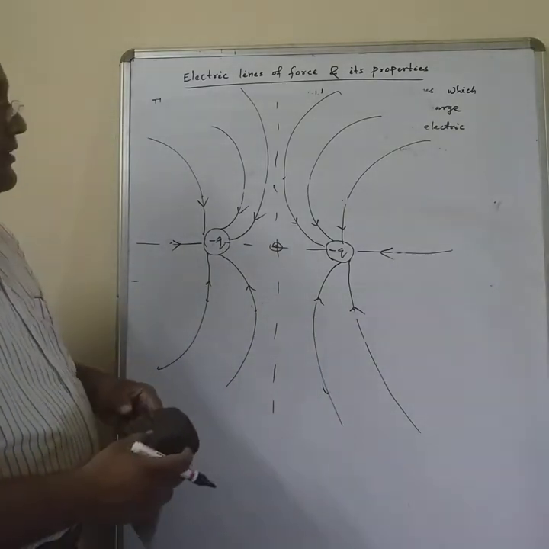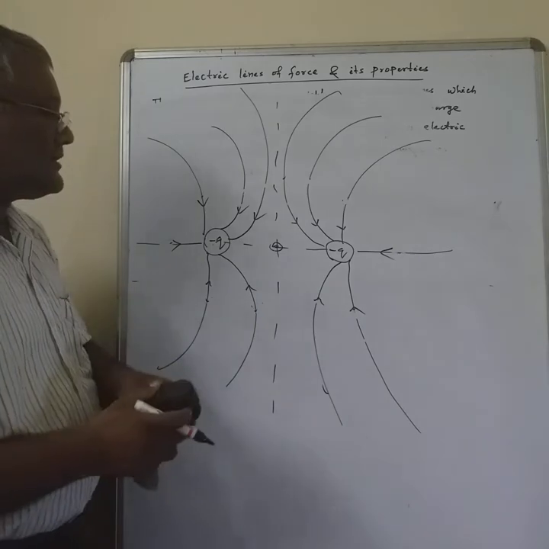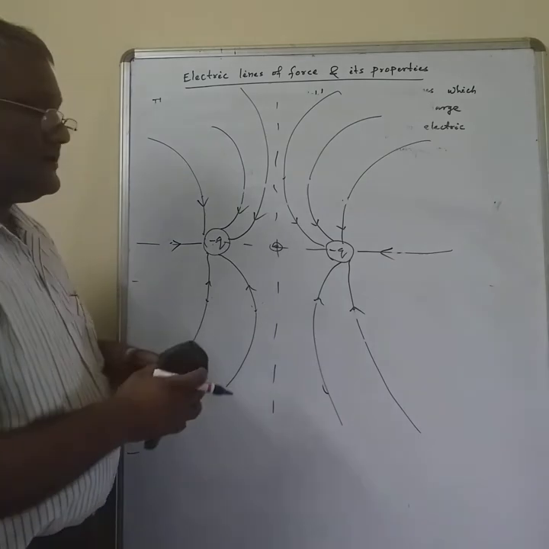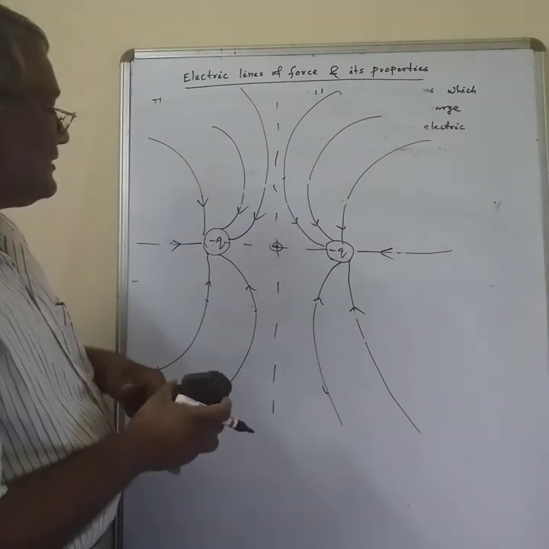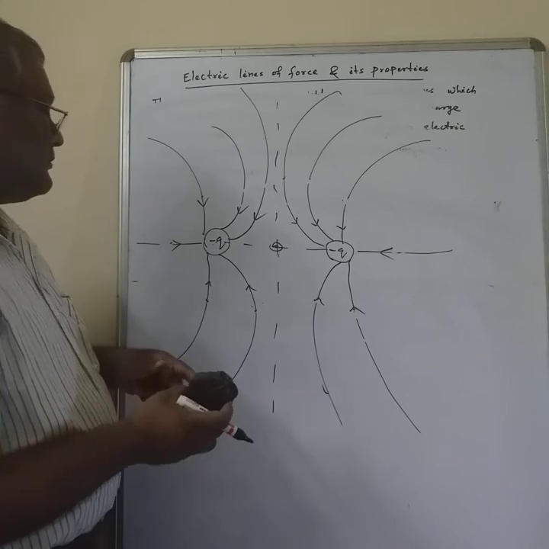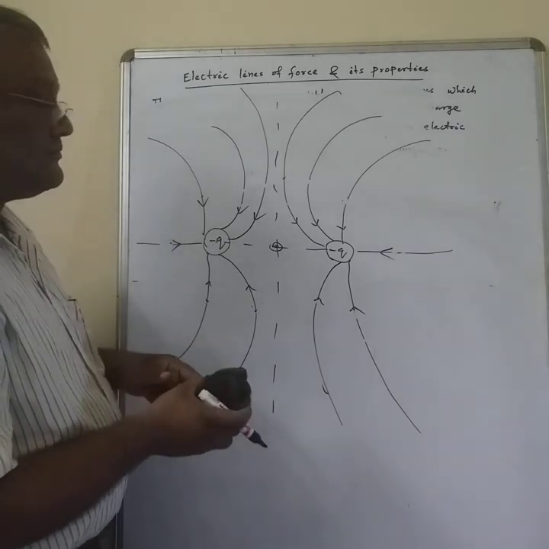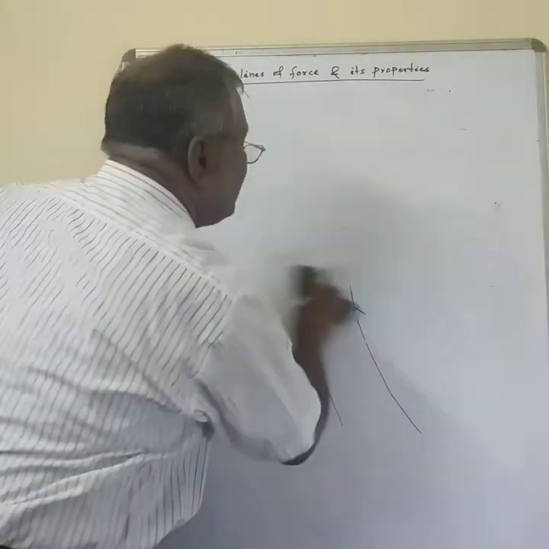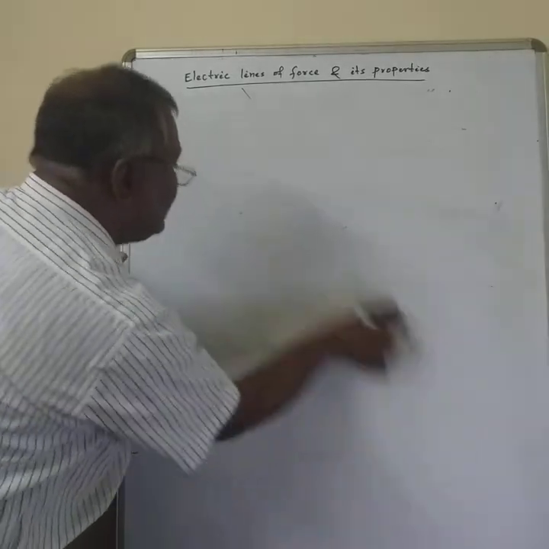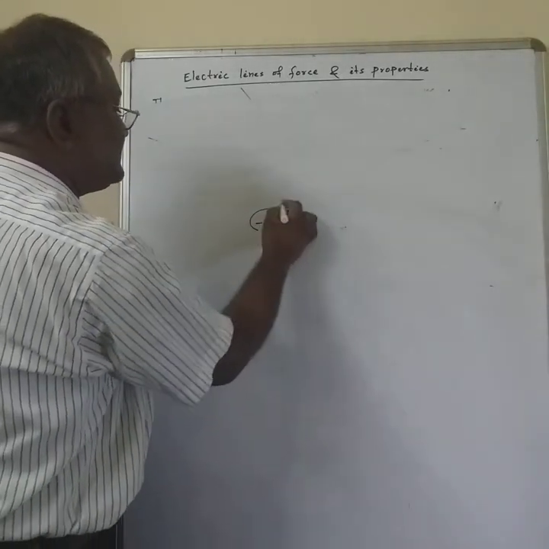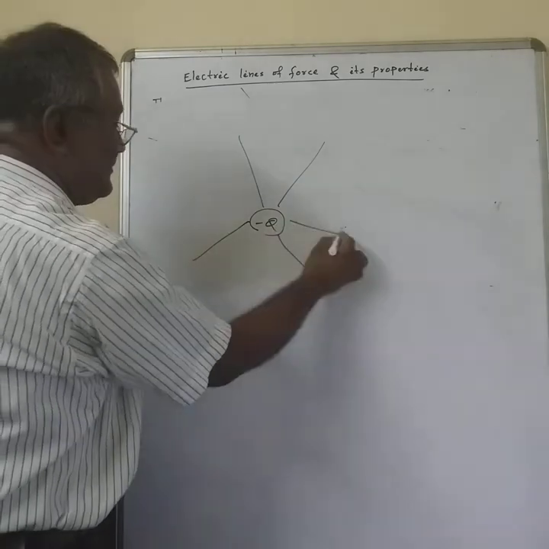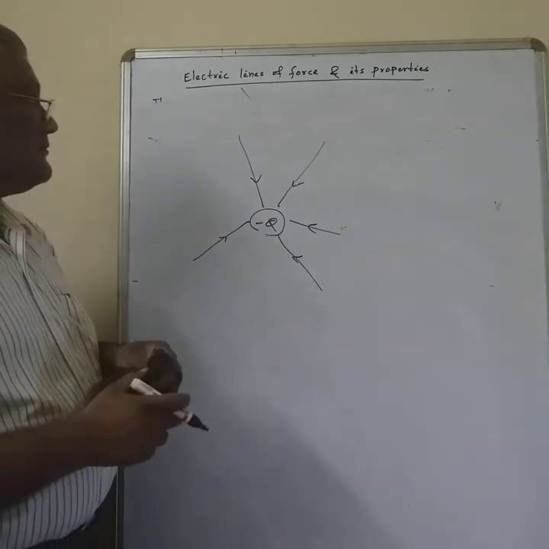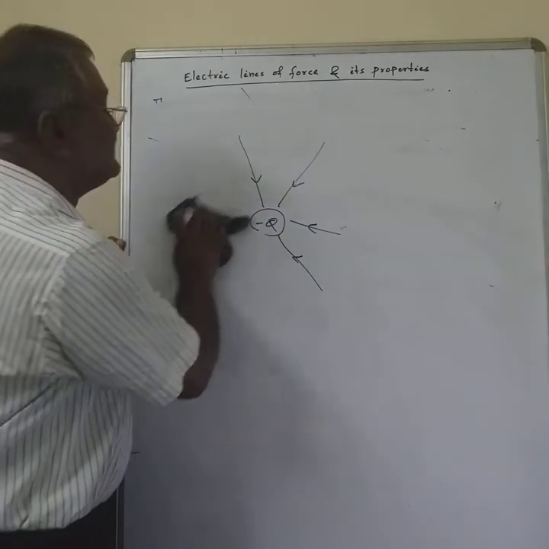This is about how to draw the electric field lines due to point charges, then due to a uniform electric field, and due to two equal and opposite charges or similar charges. Then we will discuss the properties of the electric field lines.